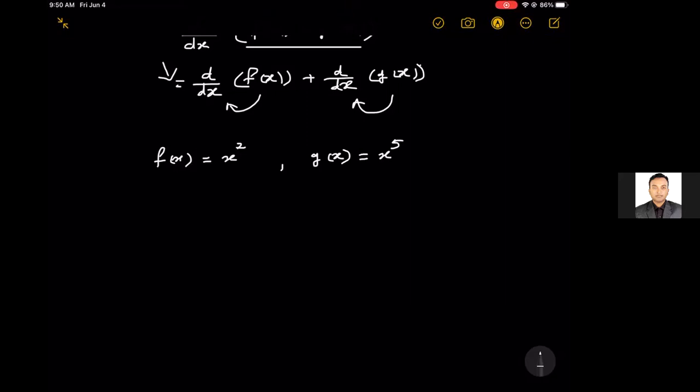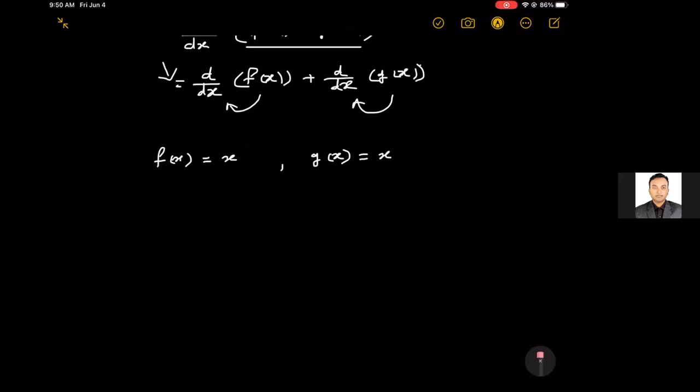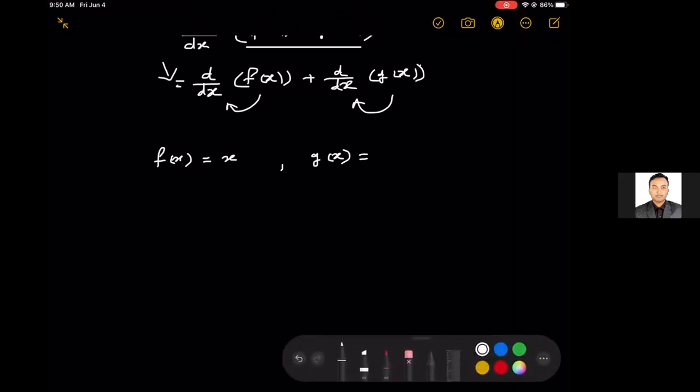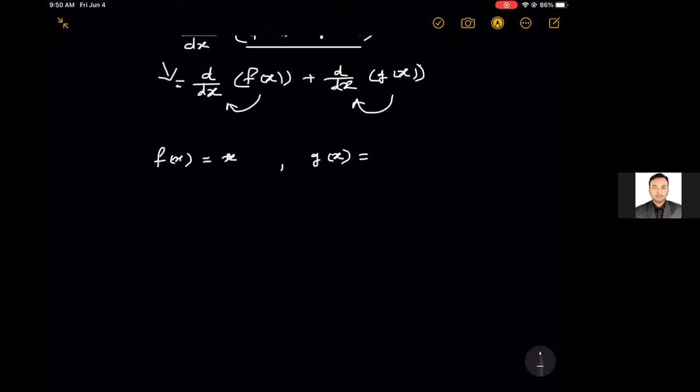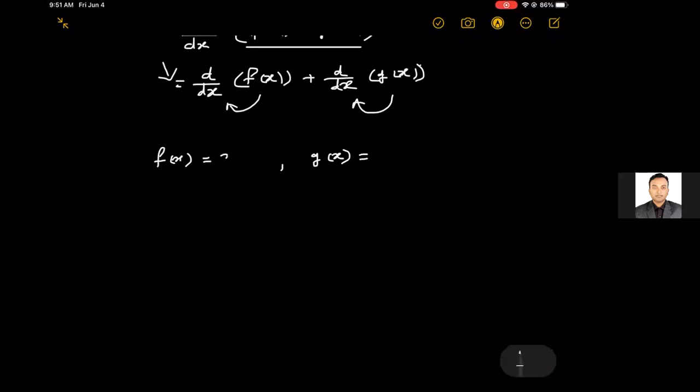I think I should try easier ones. Yeah, I shouldn't try complicated ones to start with. Yeah, let me try this. So let's say we have 3x minus 1 and we have 3 minus 4x. Let's say we have something like this.